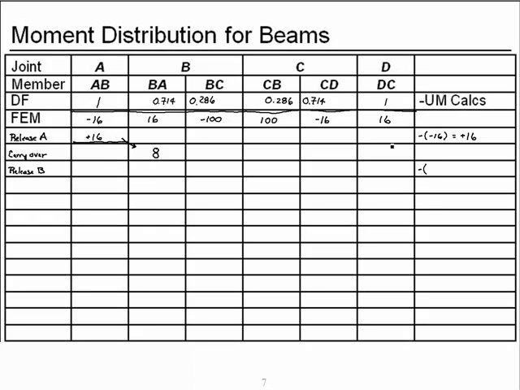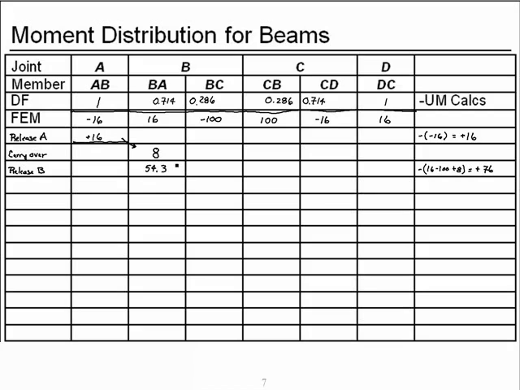My unbalanced moment, the minus 16, minus 100, plus 8, gives me a positive 76 foot kips as my negative unbalanced moment. So I take 76 times 0.714 and I obtain 54.3.